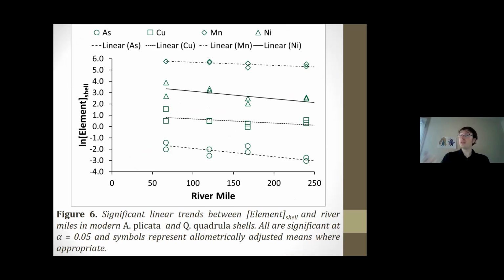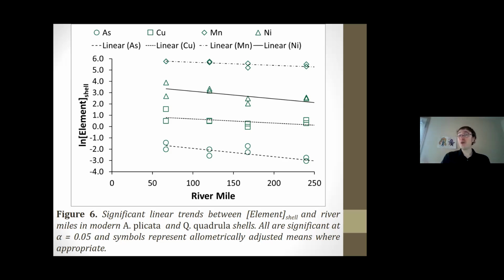We can also, with this data, compare what's going on. These shells were from 2013. What was going on up and down the Illinois River? So we had 5 sites on the Illinois River. I realized as I was practicing right before this talk, there's 5 sites, but I only have four points on this graph. So I don't know what happened there. I'll just admit it, I don't know where the other site went.